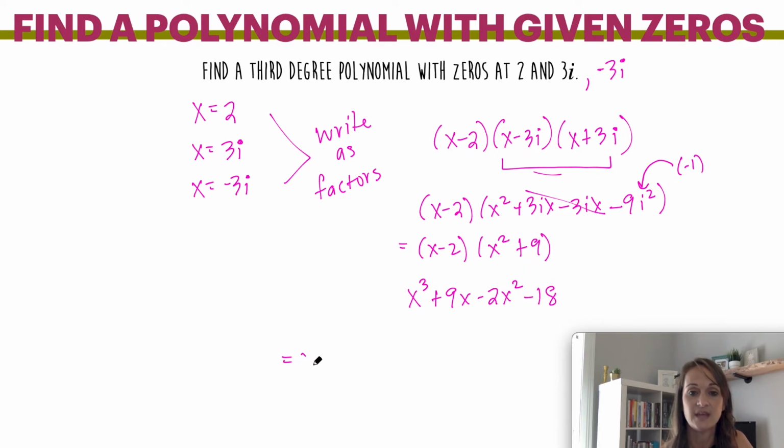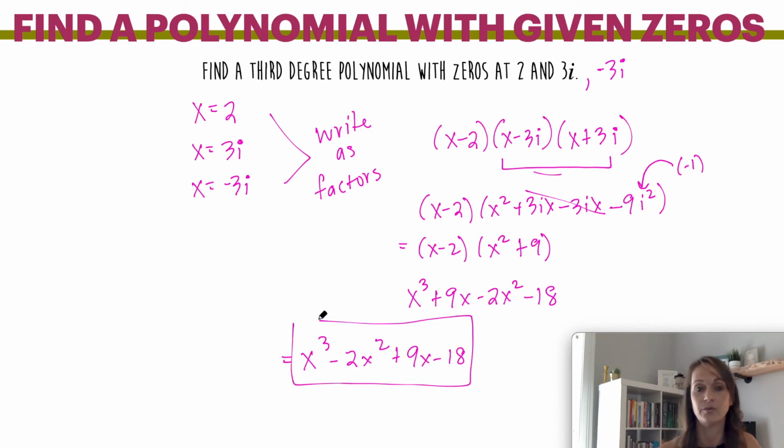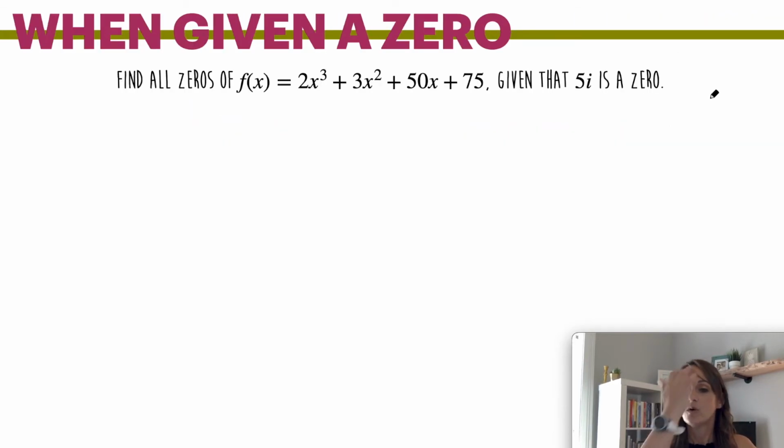The only last step is clean it up by making sure that the degrees are in decreasing order. And that is your polynomial from the given zeros. You also can find the rest of the zeros given one of your zeros. Well, if we know that 5i is a 0, we also know that negative 5i is a 0.